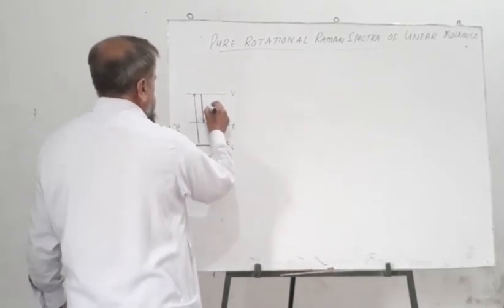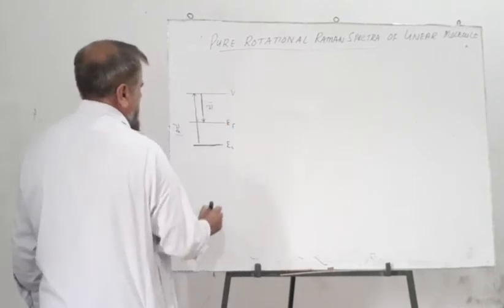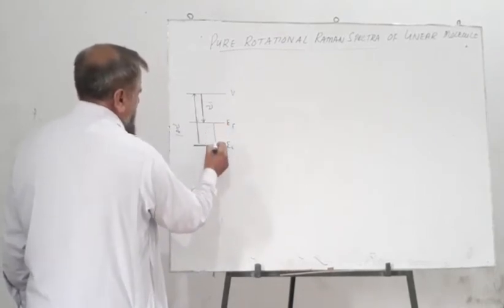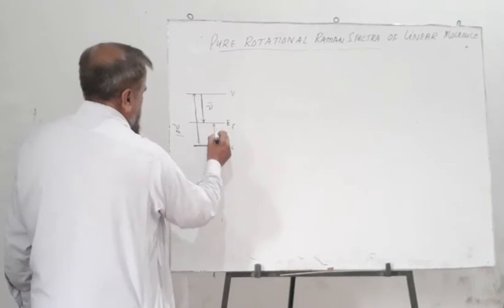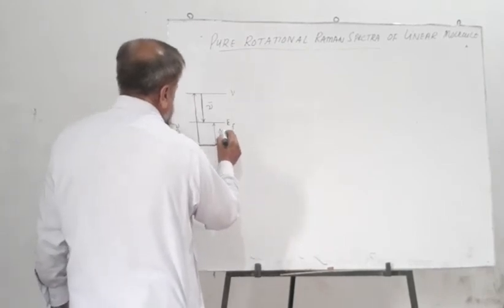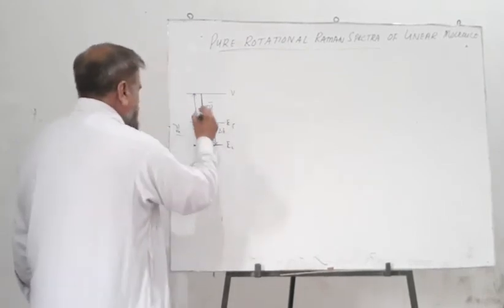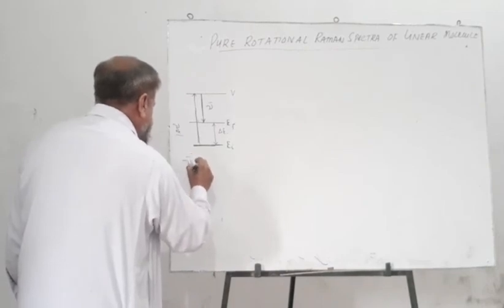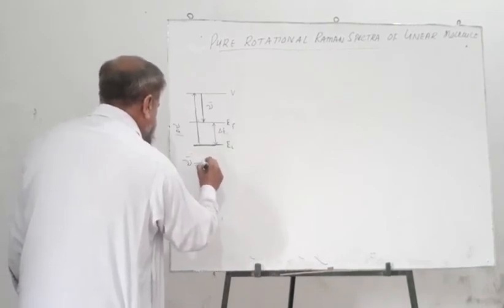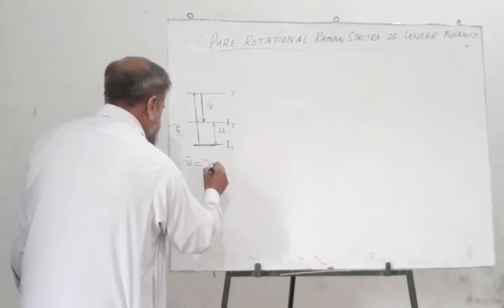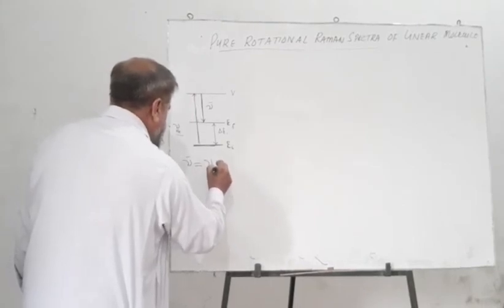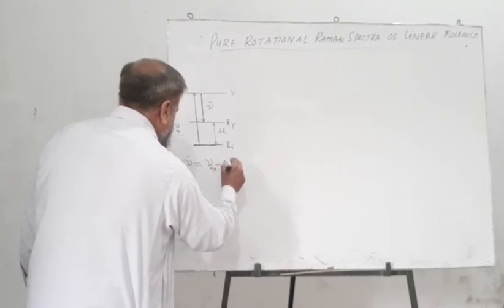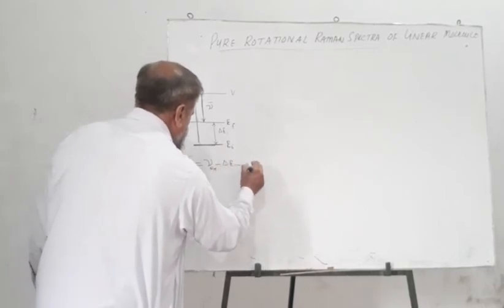The scattered radiation will have a frequency nu bar. Here the energy gap between EI and EF is delta E. So the frequency of scattered radiation nu bar can be written as nu excitation minus delta E. Let us suppose it is equation 1.